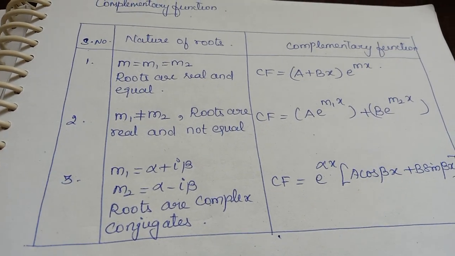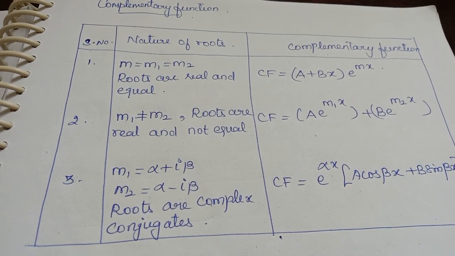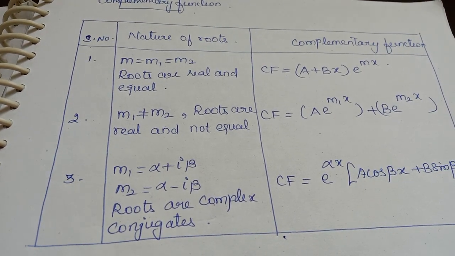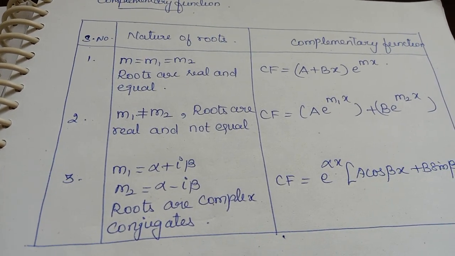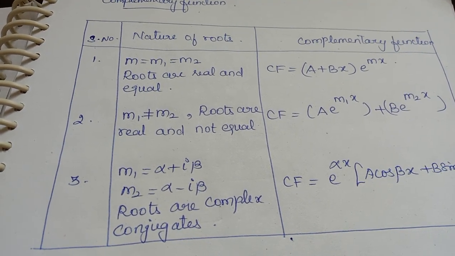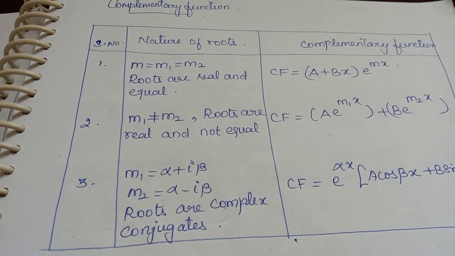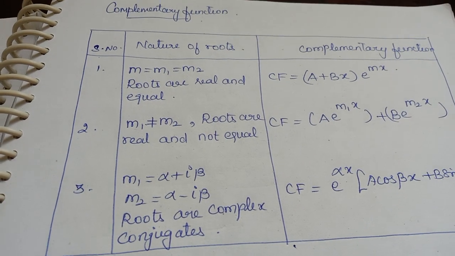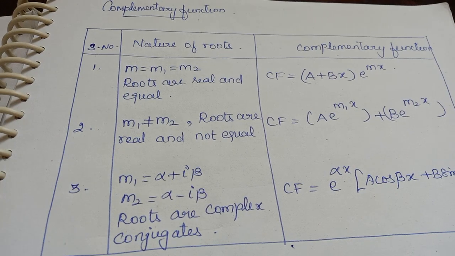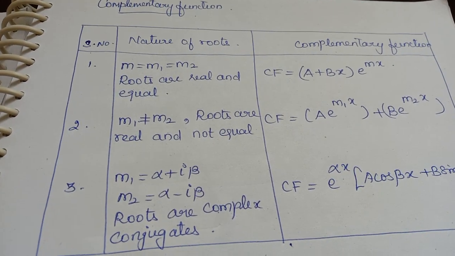For polynomials, if it's a quadratic polynomial it will have two solutions, if it's a cubic polynomial, three solutions, if it's a fourth degree polynomial, four solutions. In that same way for a differential equation, if it's a first order equation, the number of arbitrary constants is equal to 1. Second order equation, 2. Third order equation, 3. And so on. This is the way we associate the solution with the order of the equation.